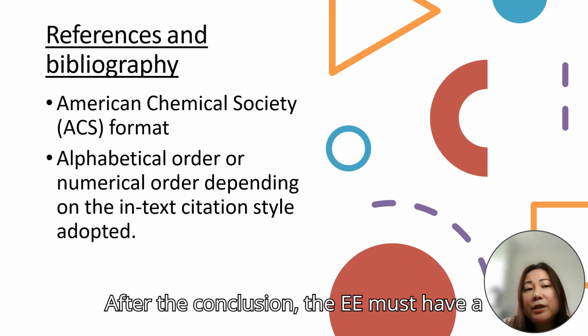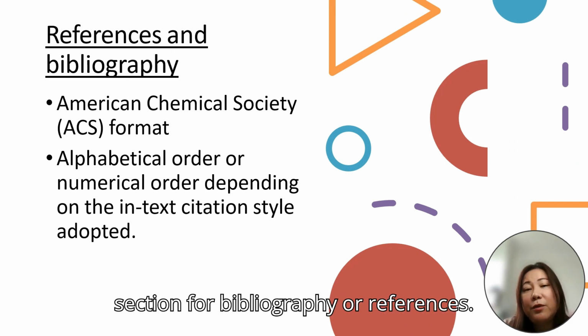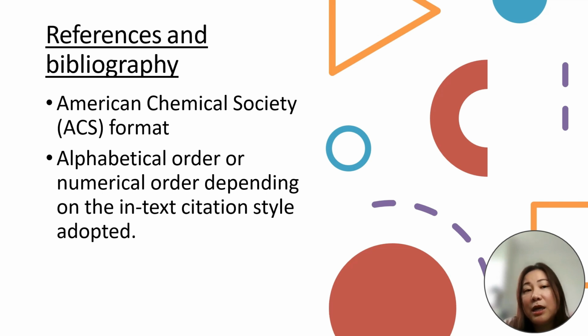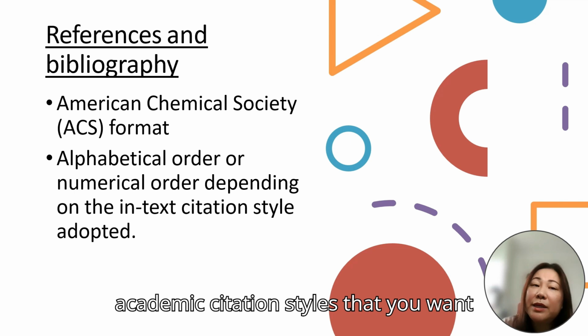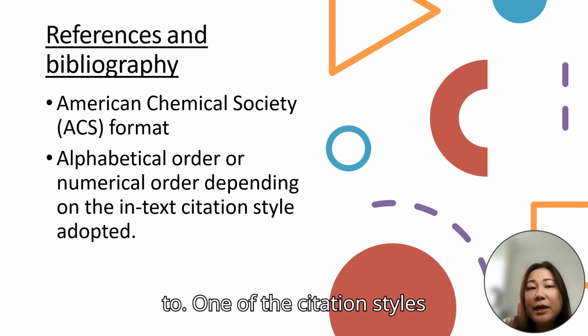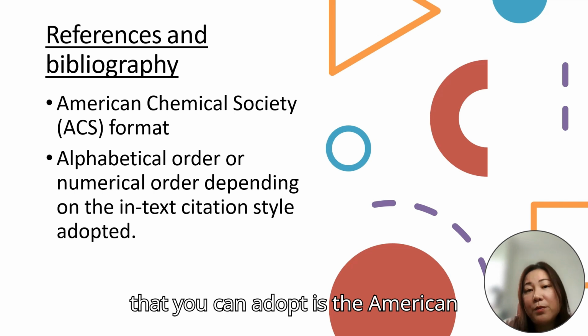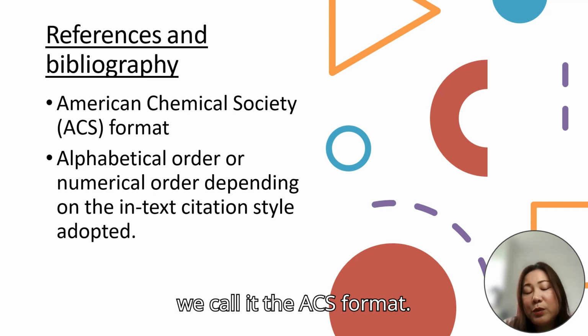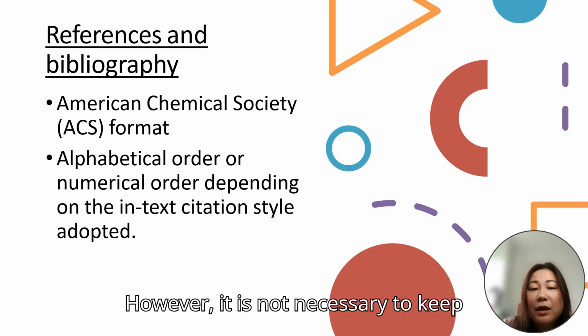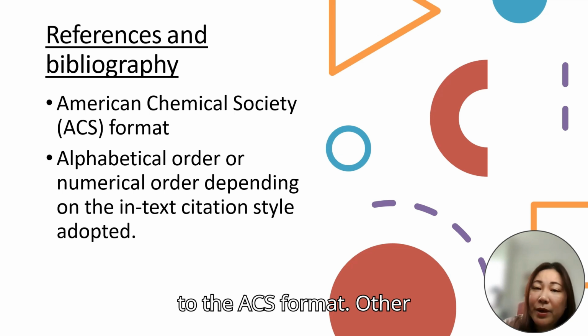After the conclusion, the EE must have a section for bibliography or references. You can follow any of the academic citation styles that you want to. One of the citation styles that you can adopt is the American Chemical Society format, which we call the ACS format. However, it is not necessary to keep to the ACS format.